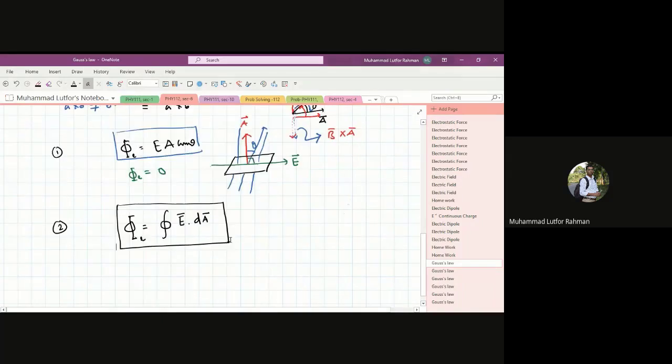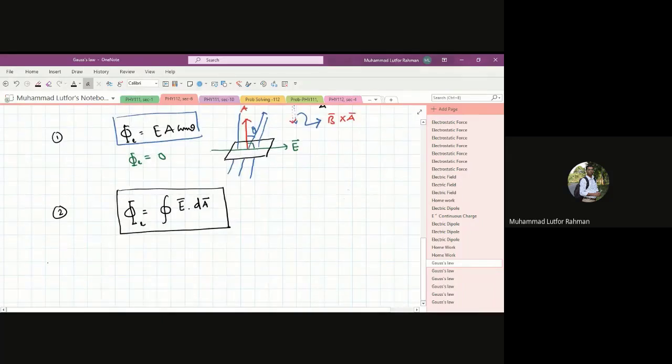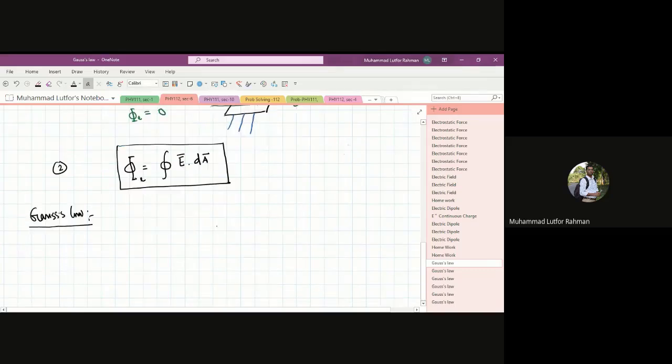So now Gauss's law states that, which is a very important law, or you can say this is the heart of this course, this principle of physics 2.